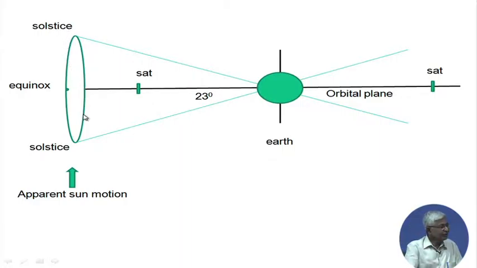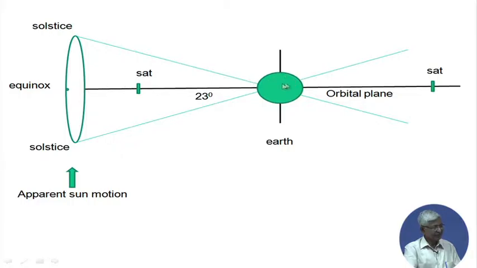If we draw it differently, you can see that as if the sun is apparently moving north and south over the year. So, when it is going to the extreme north it is the summer solstice, when extreme south, winter solstice, and when it is on the equator, in the same plane, it is called equinox.